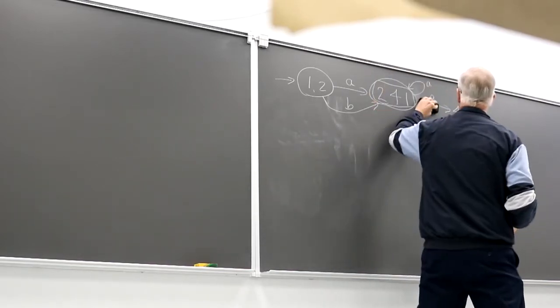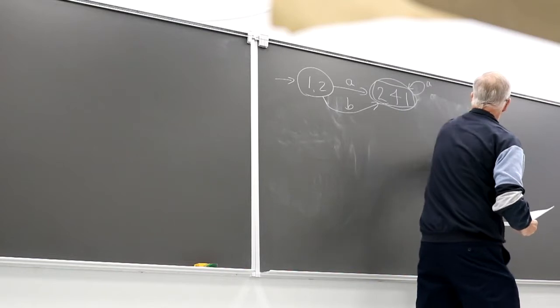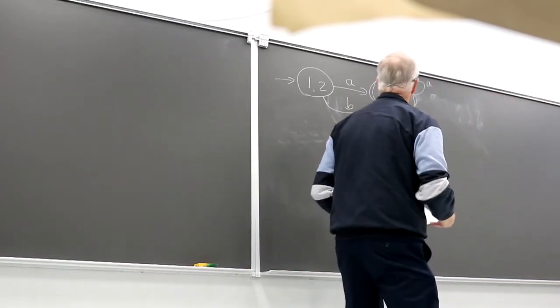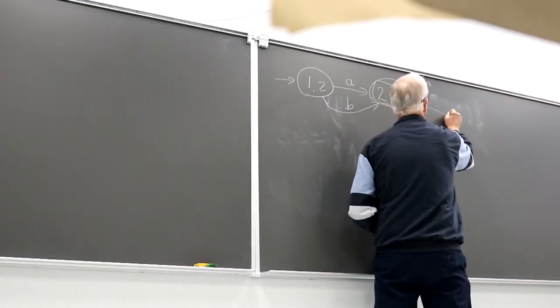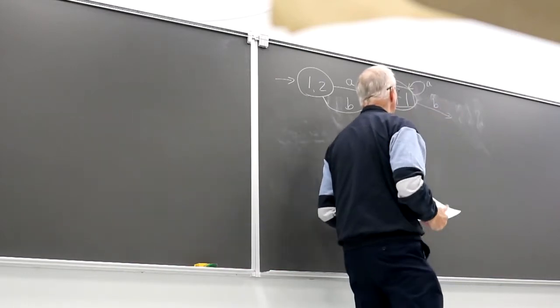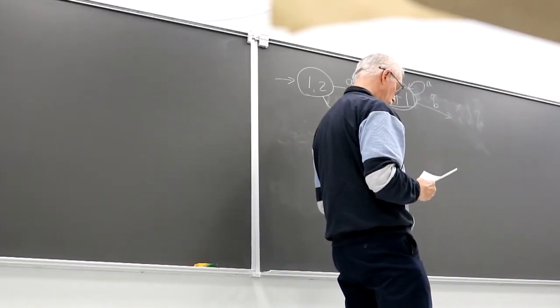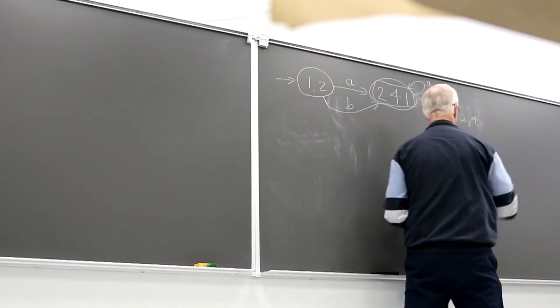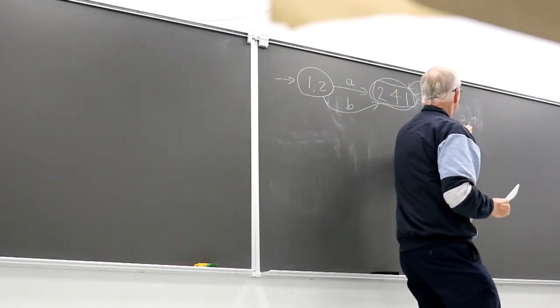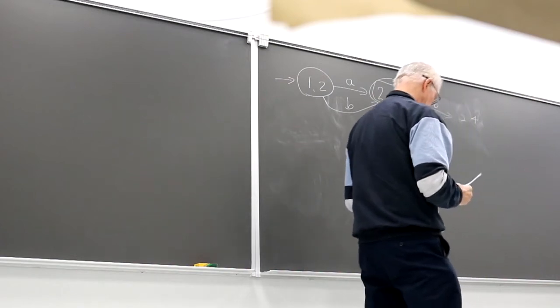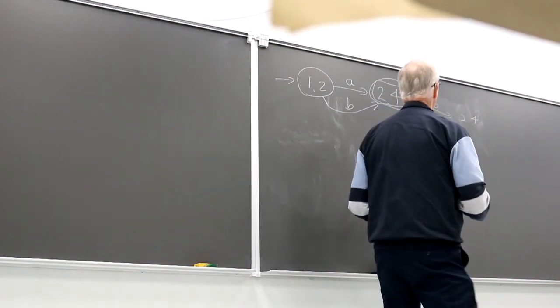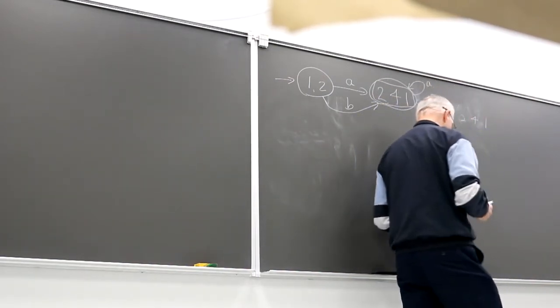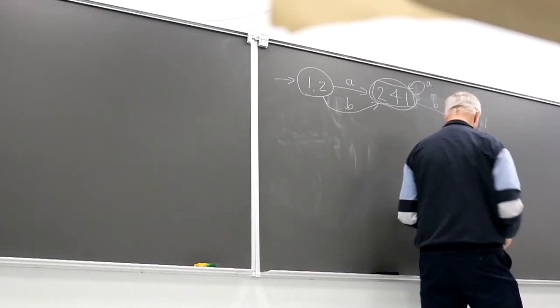We do these in pencil. We ask the same question. 2 on B goes to 2 and 4. 4 goes to 1 on empty. 1 goes to 2 on empty.